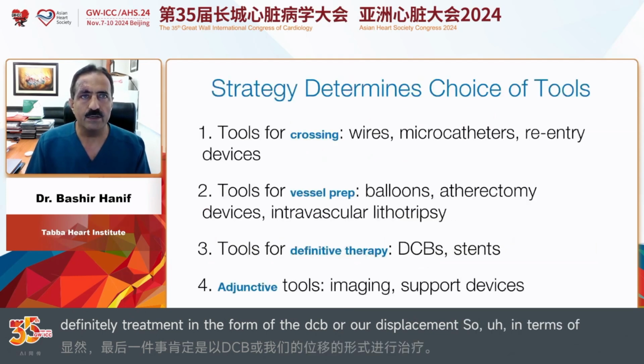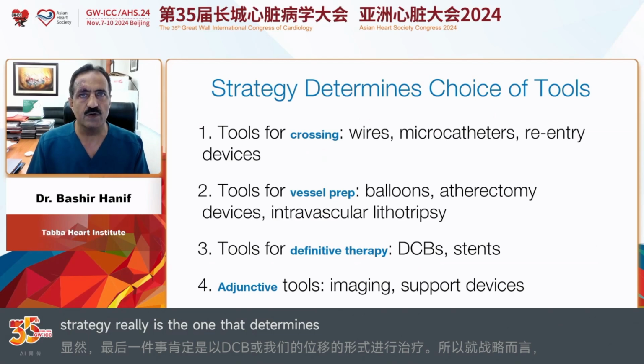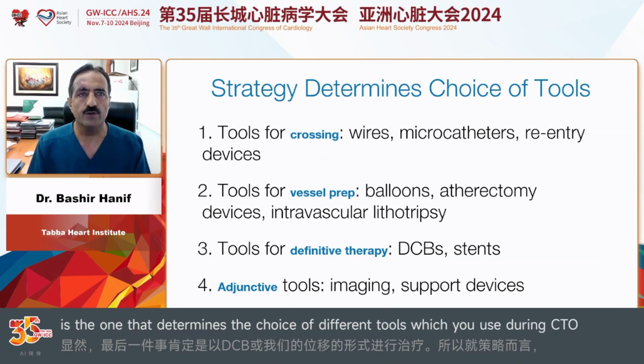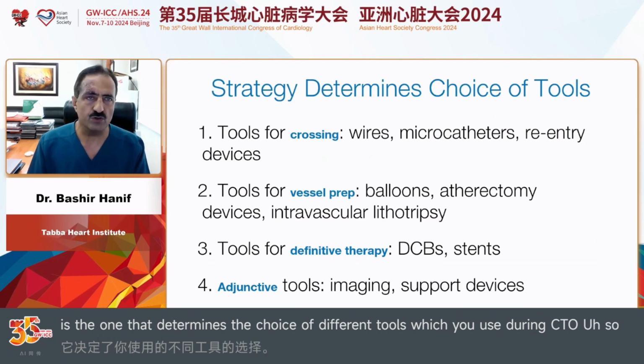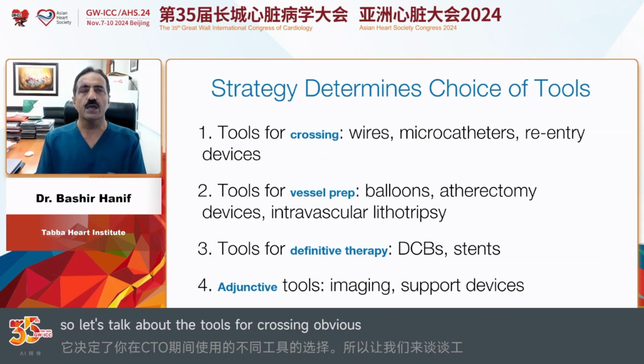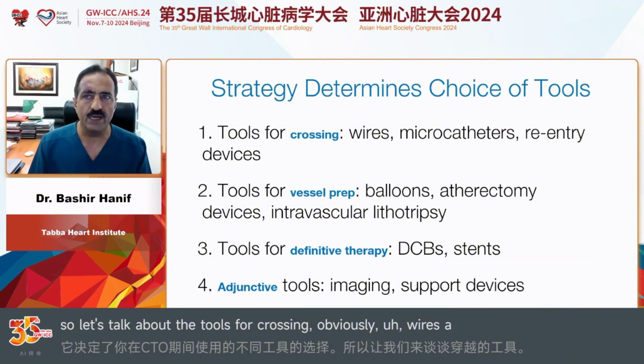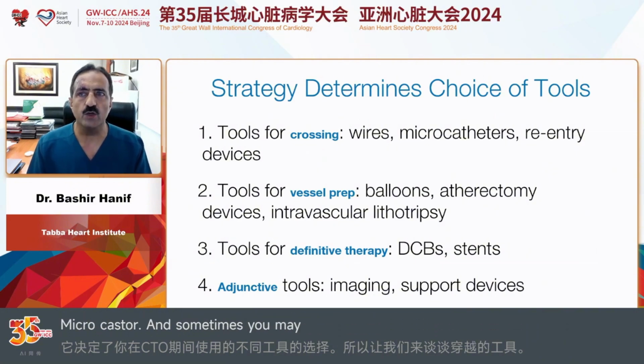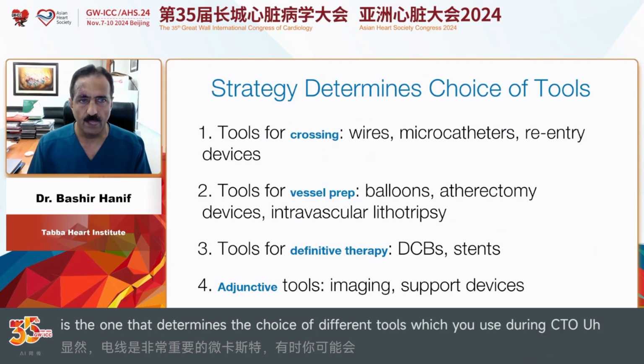In terms of strategy, it really determines the choice of different tools you use during CTO. So let's talk about the tools for crossing. Obviously, wires are very important, then microcatheters, and sometimes you may require re-entry devices as well.